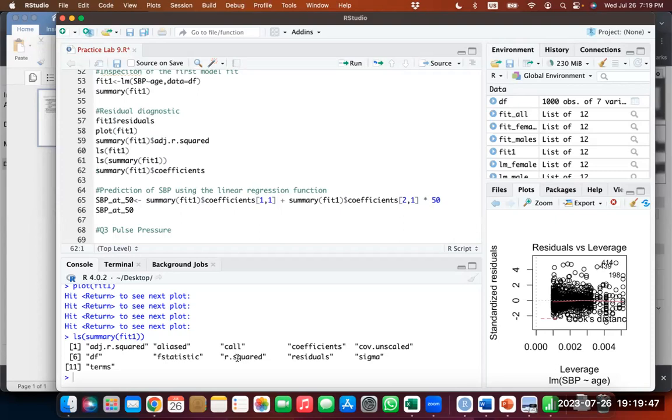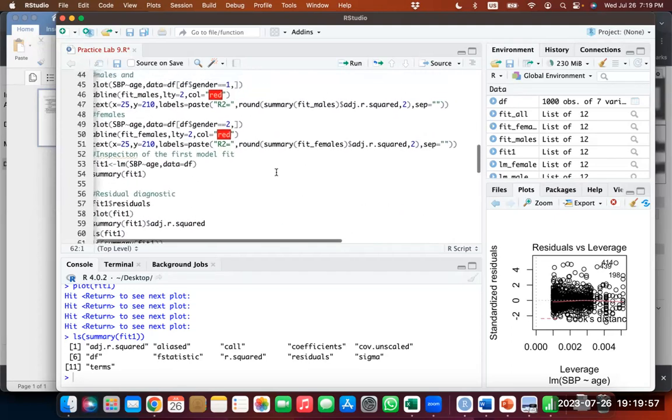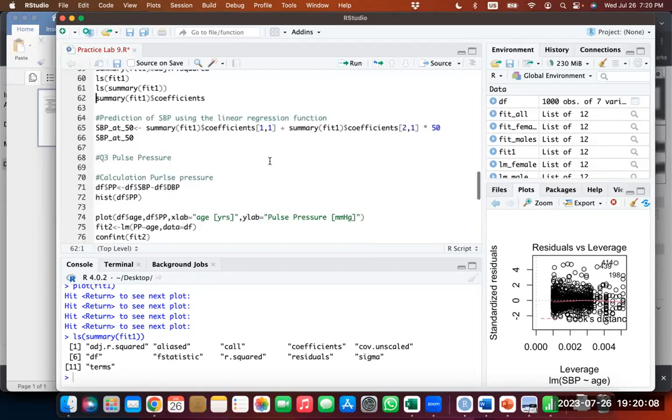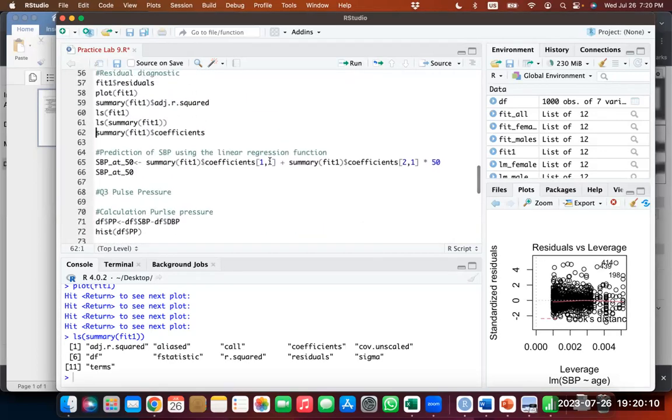You can pull out the adjusted R squared from right here. R will spit those out for you. That's what we did up here in the graph. We took the adjusted R squared and pasted it in a text field on the plot. Good.